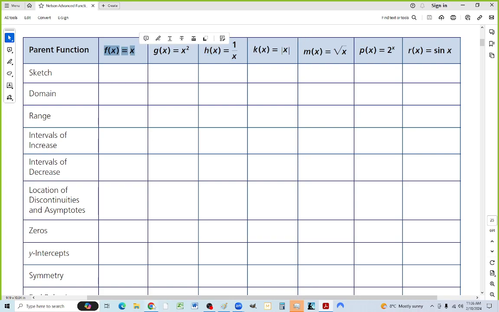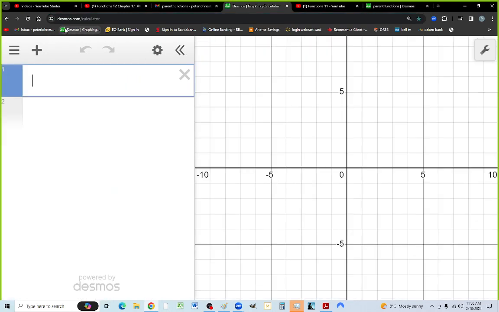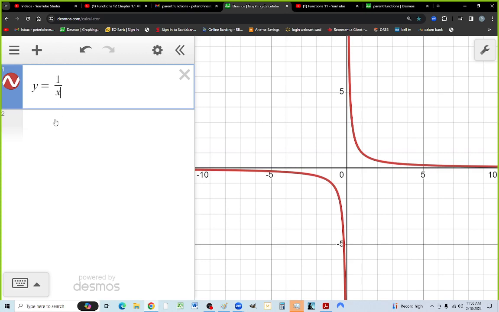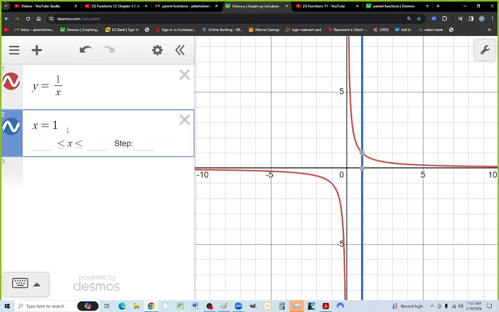I'll show you. 1 over x, radical. Here we go. y is equal to 1 over x. Do you know division? What number can you never divide by? 0? Yeah, that means x can't be 0 here, can it? No. So if I drew x equal to 0, that graph never crosses that blue line.